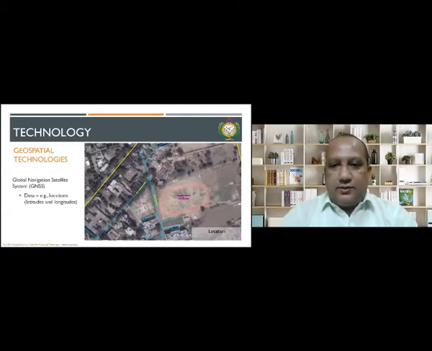The satellite image comes from remote sensing, the location comes from GPS or GNSS, and then you combine them in a GIS environment, using GIS software, Geographical Information System. So it's all integrated together.